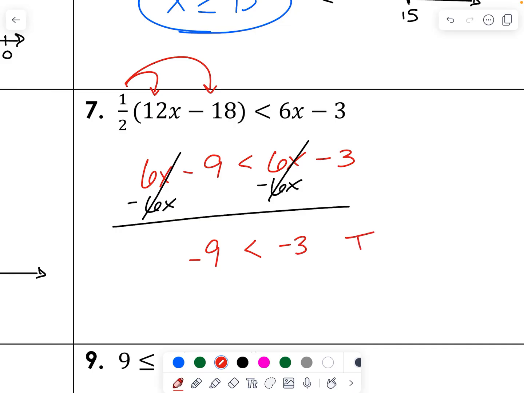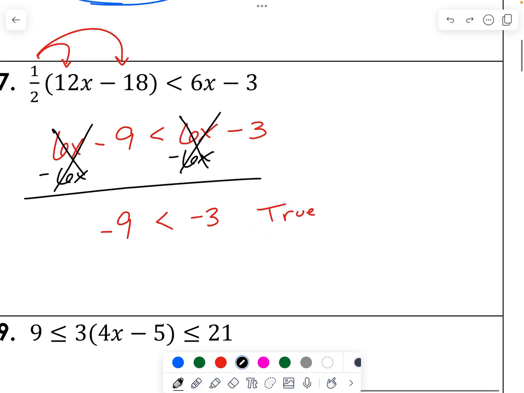Well, hold up. This is true, but there's no variables. So whenever I end up with no variable terms, I have to ask myself, is that true or is that false? If it's true, I'm going to get infinitely many solutions. And if it were false, I would get no solution.